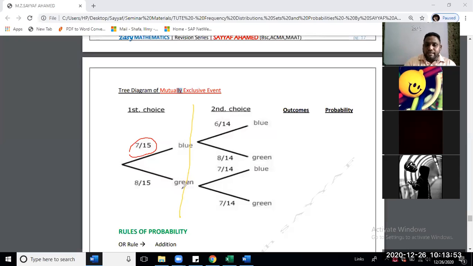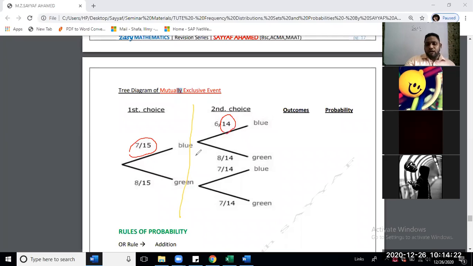You pick a tile from it, you mark the color whether it's blue or green, and you put it out. You don't put it inside the box again. Then your total 15 drops by 1, but we never know which color it was, because it's a random experiment. So when it comes to the second choice, we reduce the 15 by 1 because 1 went out from the box, so it's 14.